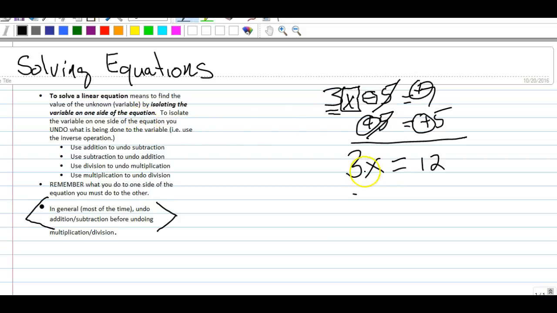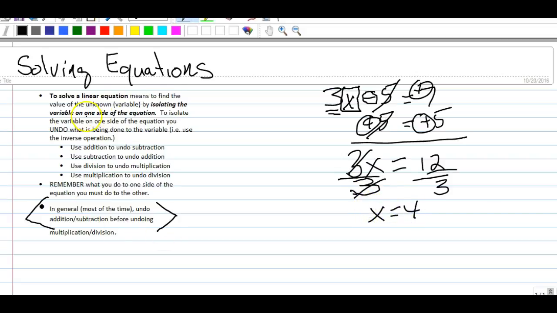So now I'm going to solve this particular equation. 3x is equal to 12. So x is being multiplied by 3. We use division to undo multiplication. So I'm going to divide both sides of this equation by 3. Here, 3 divided by 3 is 1. So that gives me 1 times x, or simply x, is equal to 4.